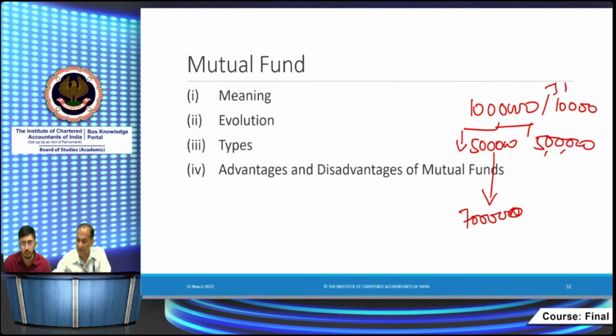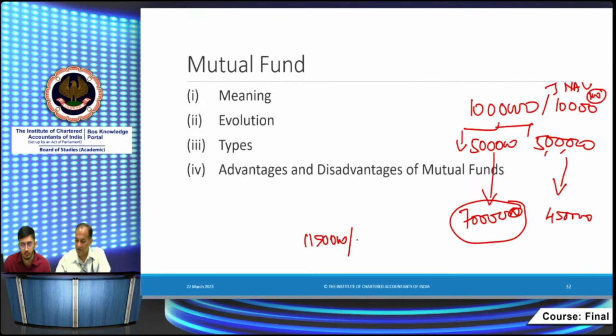So here the NAV will be 100 rupees. Now say the 5 lakh here increases to 7 lakh, and here the value decreases to 4 lakh. So the new value will be 11 lakh 50,000. Divided by 10,000, the value comes to 115. So this is the NAV after a certain period.